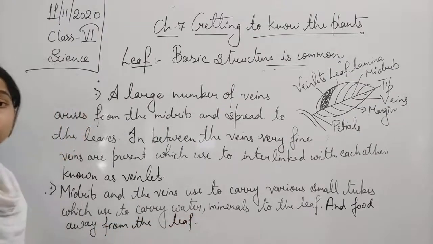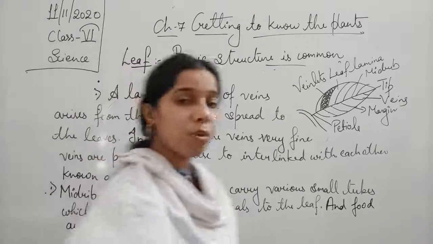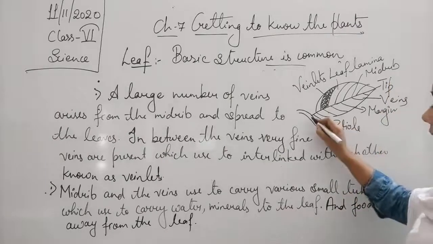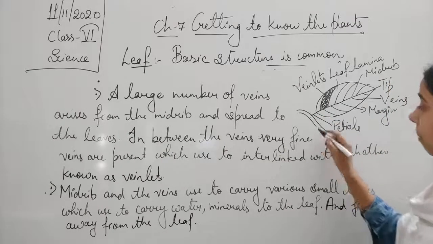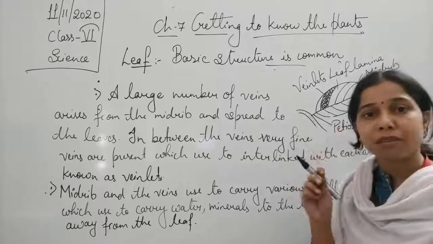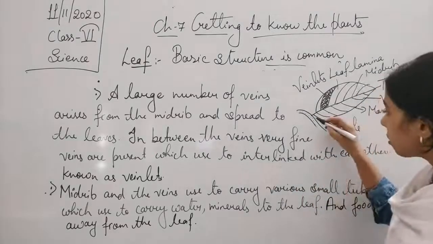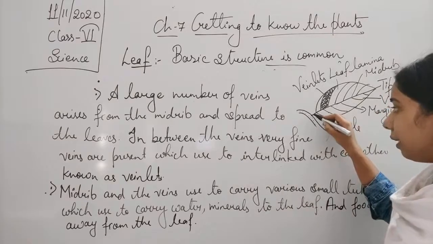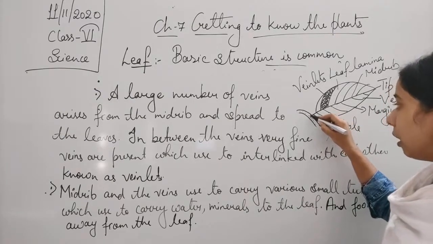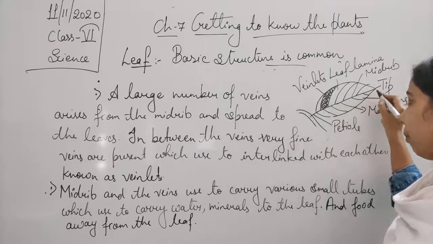So you can see, students, the small veins are present here. Now these veins are attached to the stem. So this stem is carrying the water, and the stem consists of small tubes. These small tubes go from the petiole to the tip of the plant.